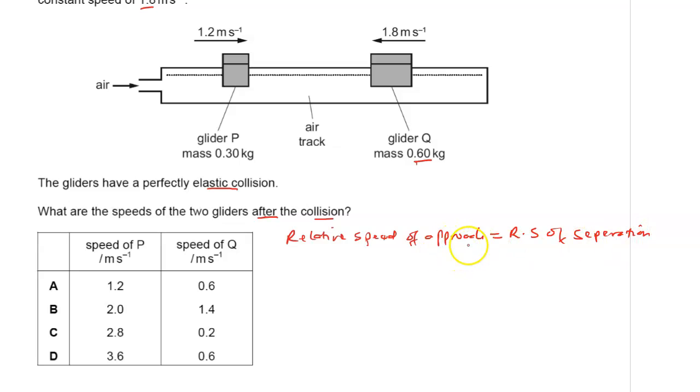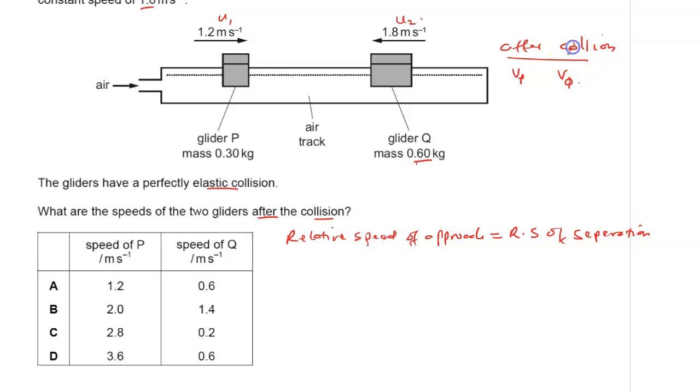When they collide and separate, the speeds are supposed to be the same. So if we assume this is speed u1 and this is u2 before collision, and after collision we have VP and VQ.